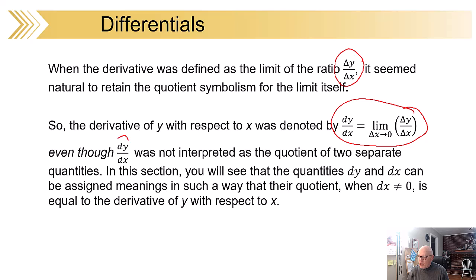Now, the dy dx isn't interpreted with the dy and dx being separate. Remember we talked about f prime of x, if you want to write it that way, but an alternate way of writing it was dy dx, and maybe if you were thinking a little bit too much, you might have thought, well, why make a fraction out of it when I can just write f prime of x or just y prime? Well, yes, you're right.